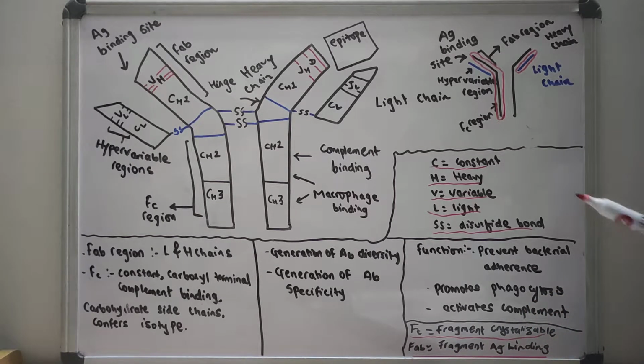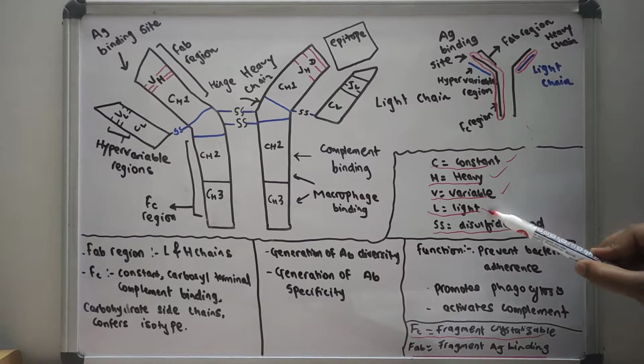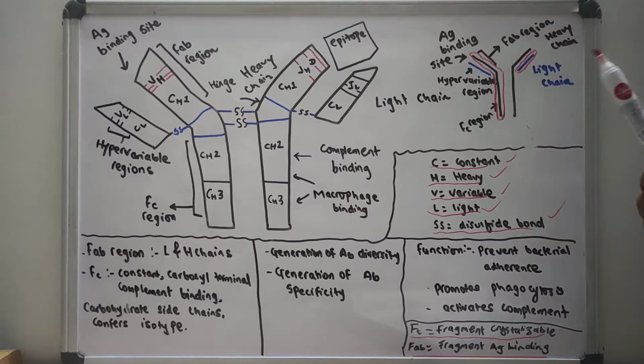You should know this. C means constant, H means heavy, V means variable, L means light, SS means disulfide bond, FC is fragment crystallizable, FAB means fragment antigen binding.